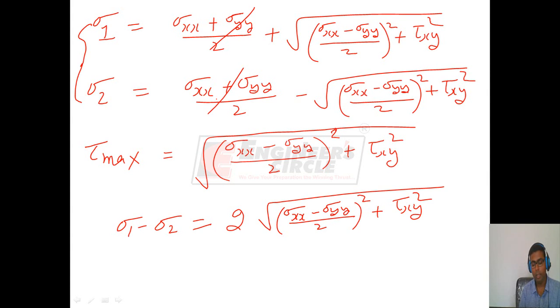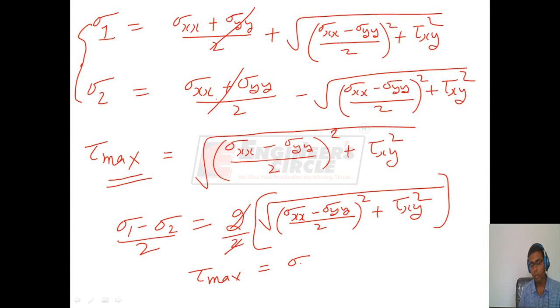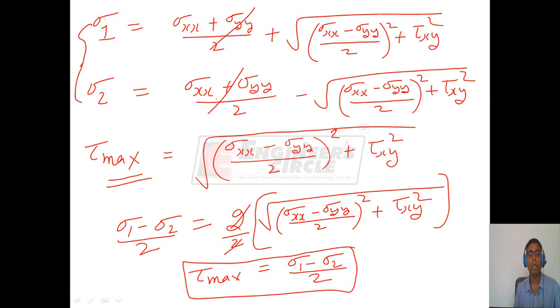So if we divide the entire equation by 2, this will cancel out, and if we look at this term, then this term is equal to tau max. So we get that tau max is equal to sigma 1 minus sigma 2 by 2. So this is another formula for calculating the value of maximum shear stress at a point. If we know the principal stresses at a point sigma 1 and sigma 2, we can directly calculate the value of maximum shear stress at that point.